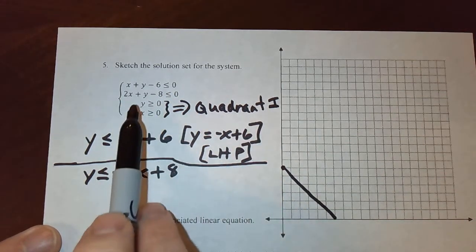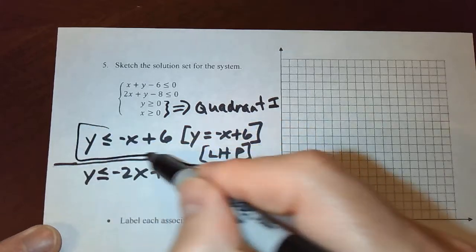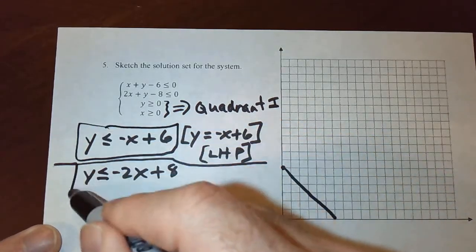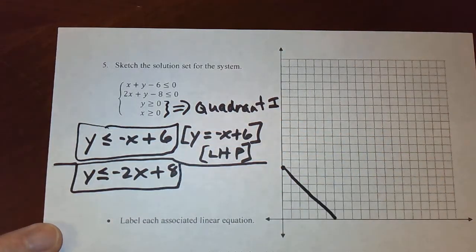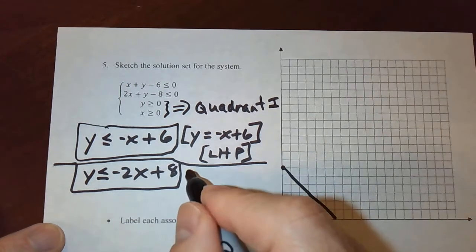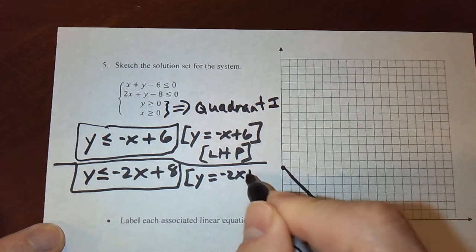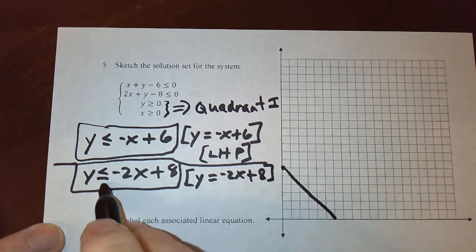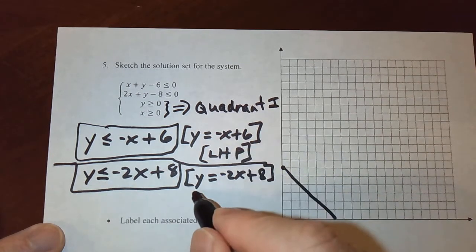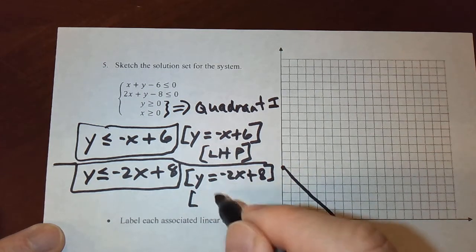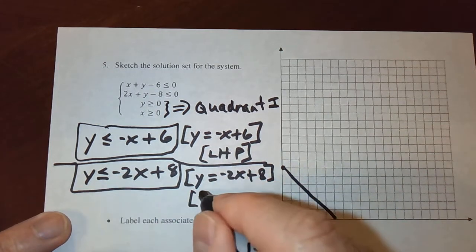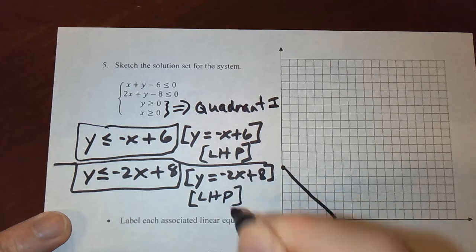So this is equivalent to the first inequality, and this is equivalent to the second inequality. So the line associated with this is just y equals negative 2x plus 8. And it's got the equal sign in the inequality, so it's going to be a solid line. And it's less than, so it's going to be the lower half plane.